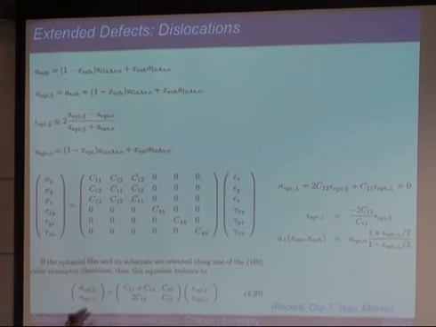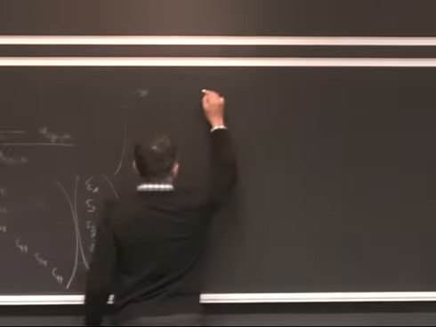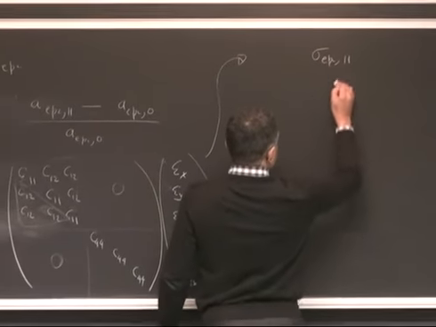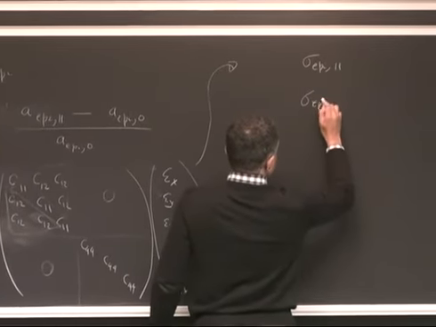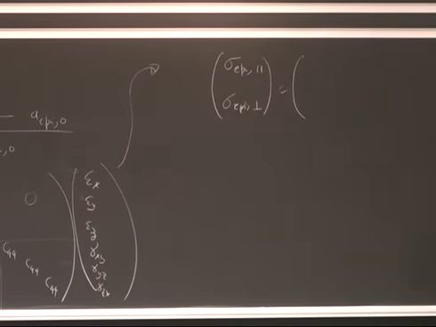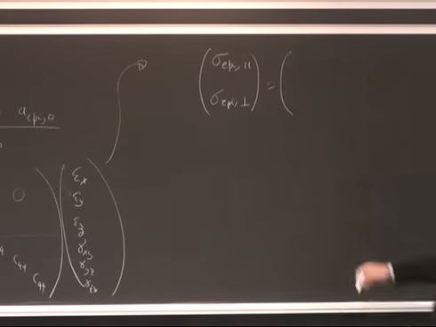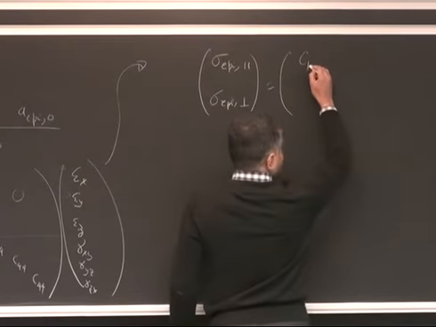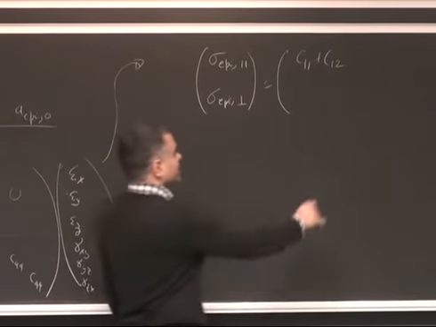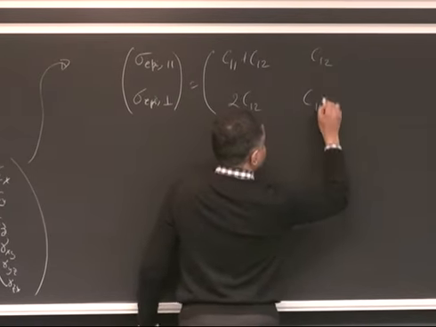At the very end, this whole matrix shrinks to this quantity: the stress in the epi layer parallel and the stress in the epi layer perpendicular is equal to, and maybe you can see how it came about, you basically are summing over a few of these, and it reduces to C12 and C11.